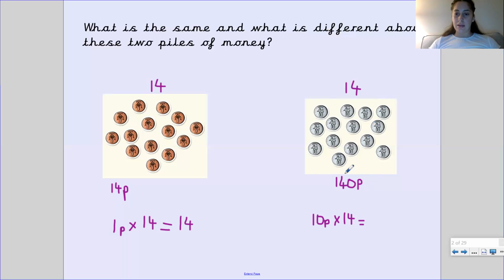Earlier we counted in tens. So we know that 10 times 14 equals 140.